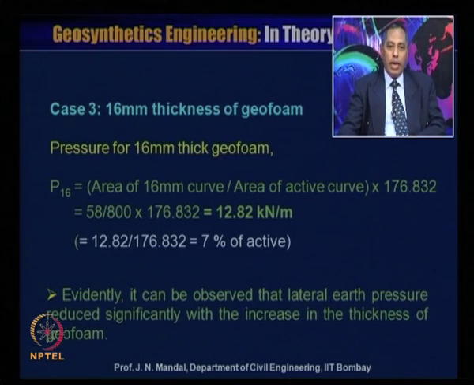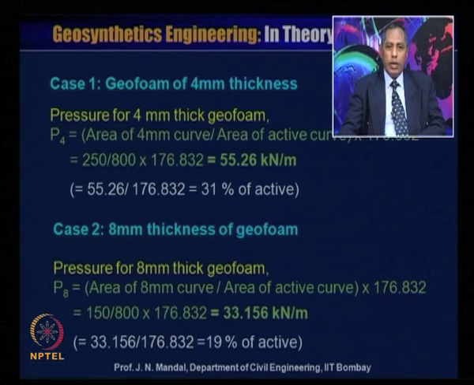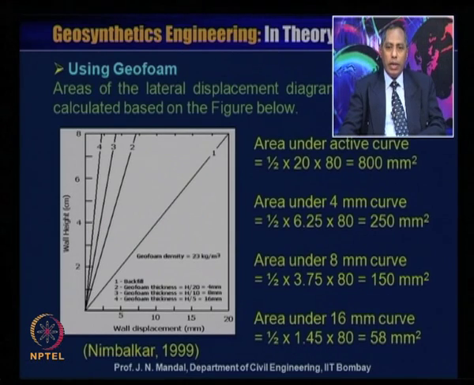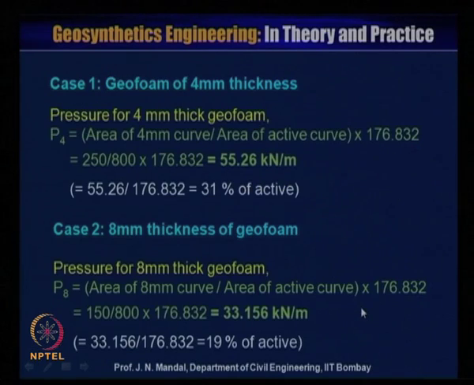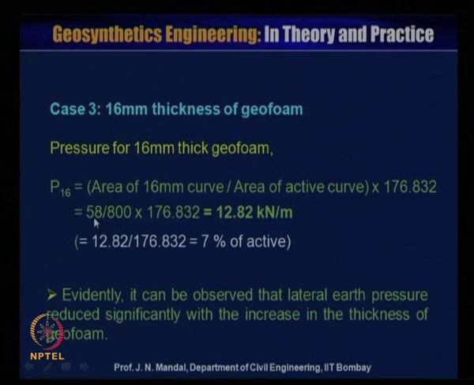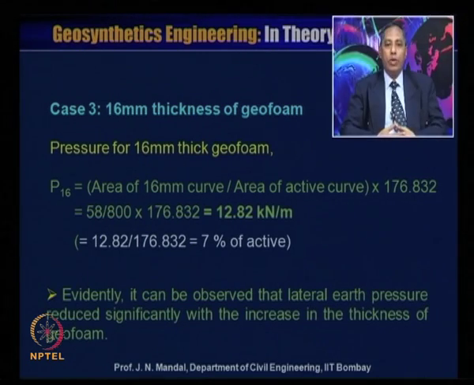Here you can see that the area under 16 millimeter is 58 millimeter square. So that is why 58, and you know the area of active curve is 800, into 176.832. So this will give P16 equal to 12.82 kilonewton per meter.